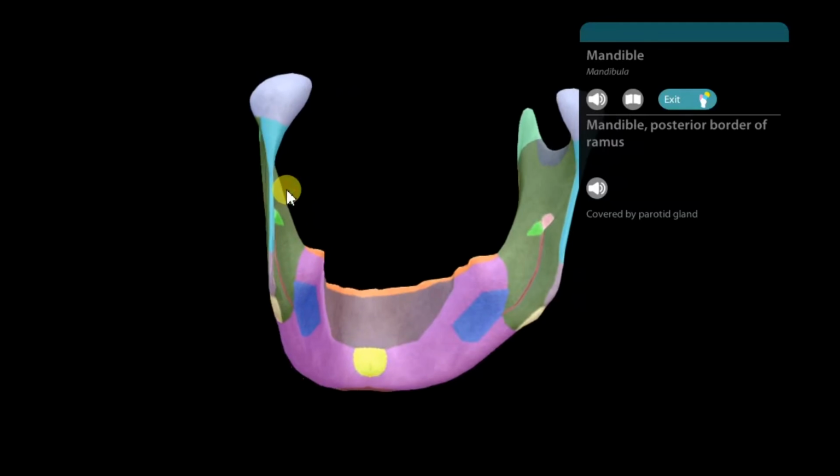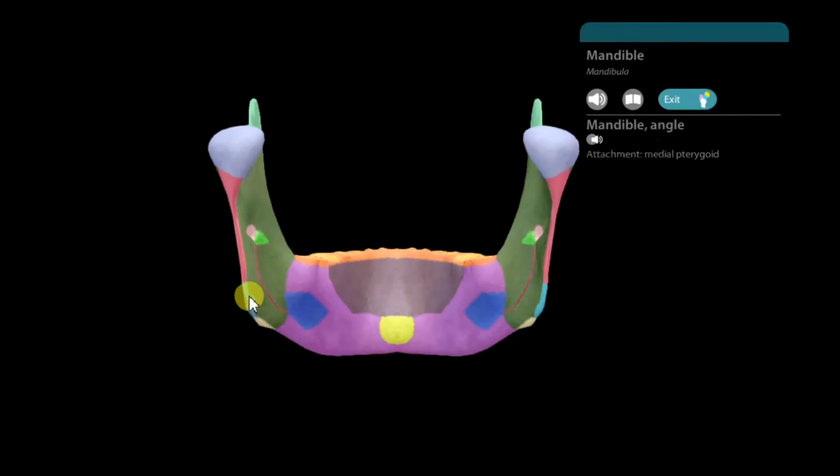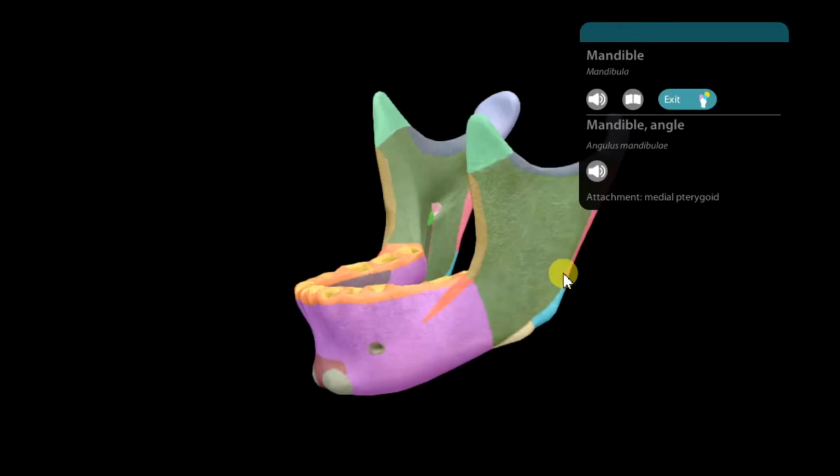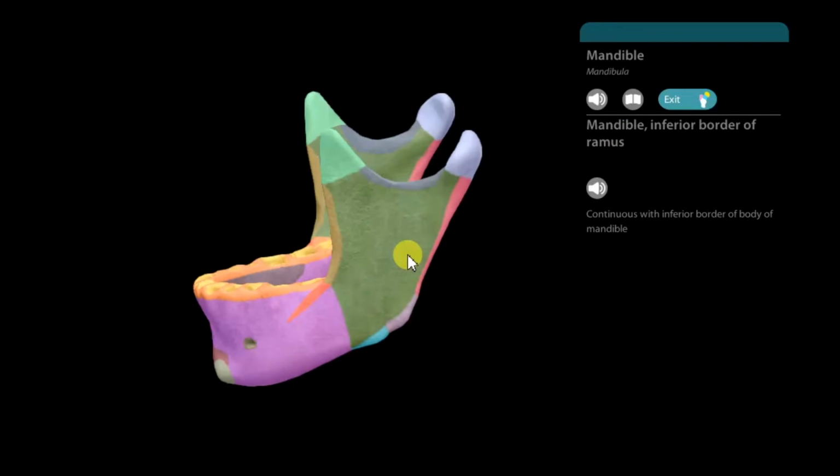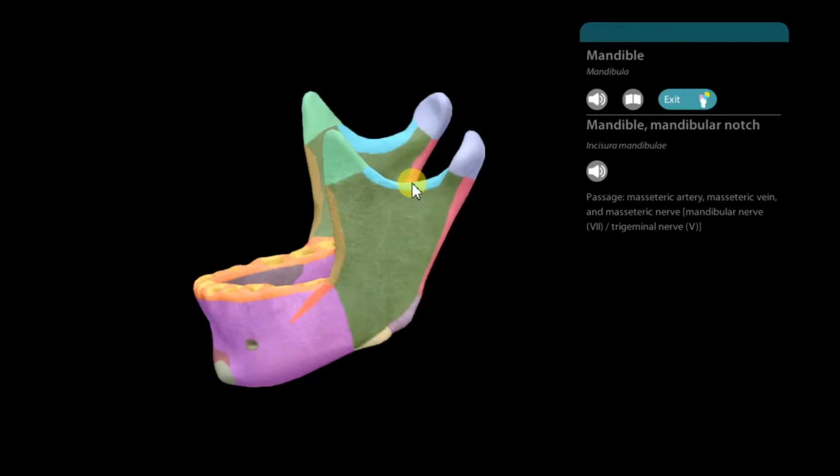In this area, we call it the angle, where the medial pterygoid attaches. Beside the angle we call the inferior border of the ramus. So when we talk about the borders of the ramus, the upper border is the mandibular notch.